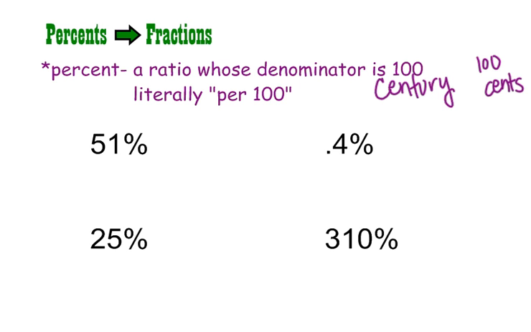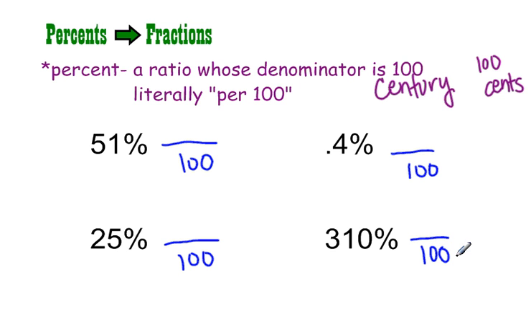So to change percents into fractions, we're going to write fractions with a denominator of 100. So for all of these, it doesn't matter what the number looks like to begin with. I'm going to start by putting 100 on the bottom. And then all I do is I take this number and put it directly on top and see if I can reduce.